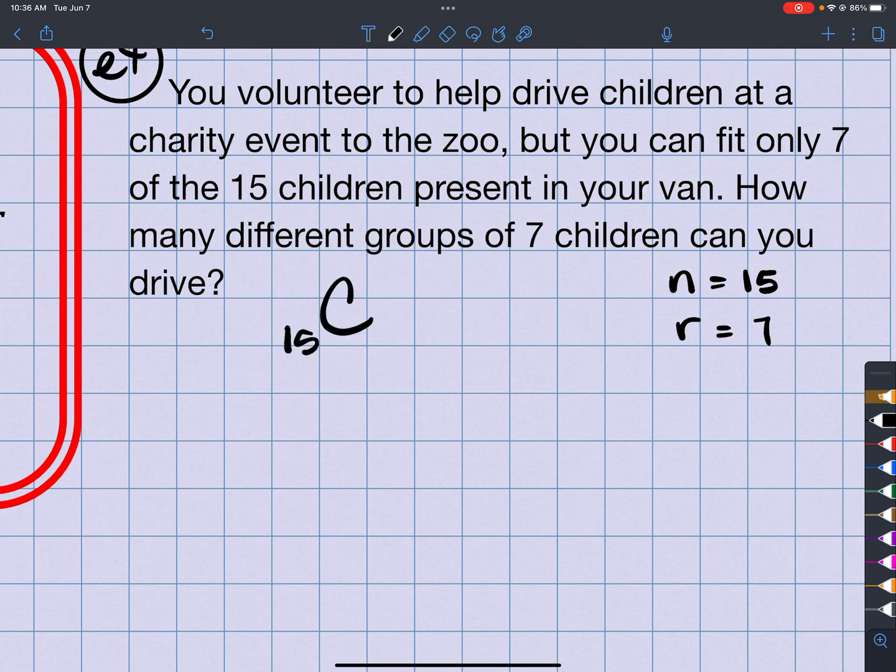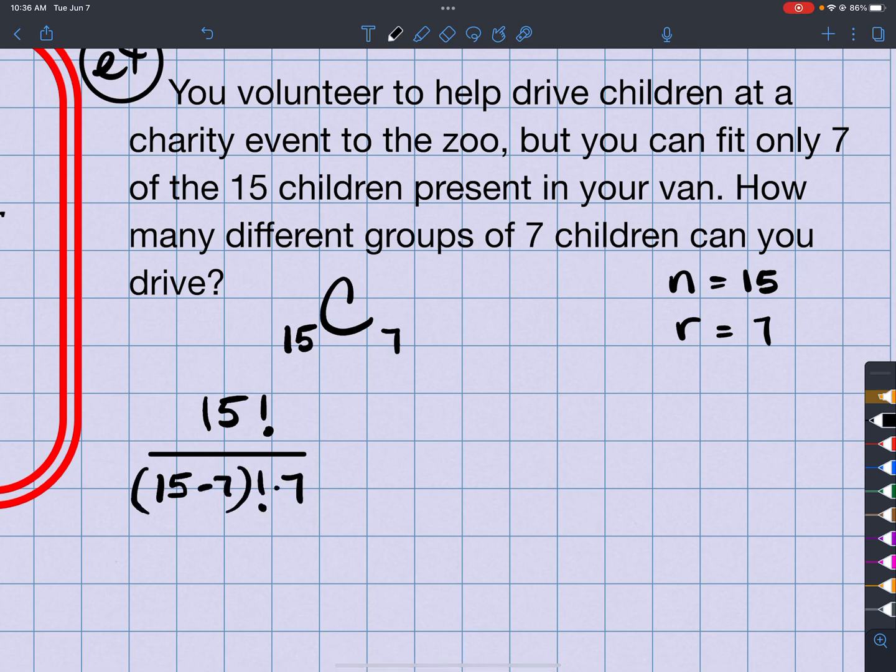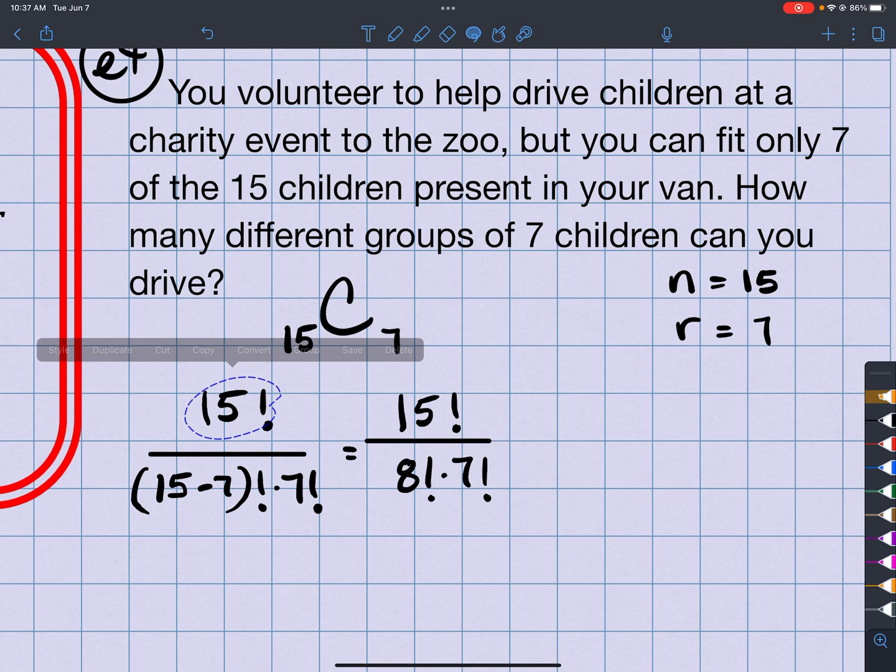15 choose 7. So this is going to be 15 factorial divided by 15 minus 7 factorial times 7 factorial. So I got 15 factorial over 8 factorial times 7 factorial. Okay, do this really quick. Move this up just a slight bit.